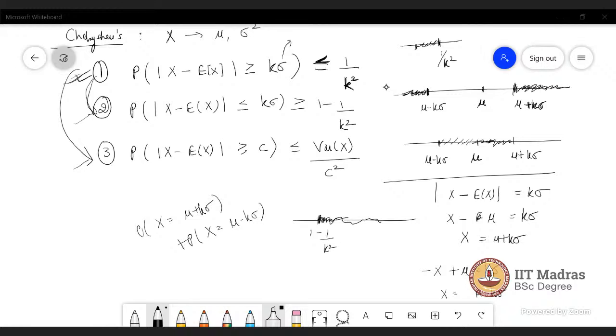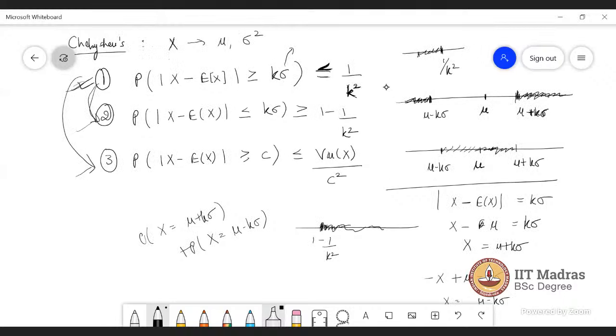In that case, they will come out to be equal. Which side will it be, 1 by k square or 1 minus 1 by k square? In an equal-to situation, if these are equal, then for every k my probability will be the same.